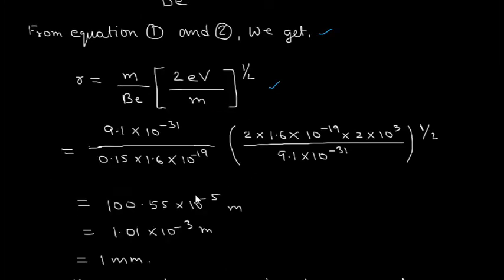Putting the values of 9.1 multiplied by 10 to the power minus 31 upon 0.15 multiplied by 1.6 multiplied by 10 to the power minus 19, into 2 multiplied by 1.6 multiplied by 10 to the power minus 19 multiplied by 2 multiplied by 10 to the power 3 upon 9.1 multiplied by 10 to the power minus 31, all to the power half, and upon solving we get 1.01 multiplied by 10 to the power minus 3 meter, which is about 1 millimeter.